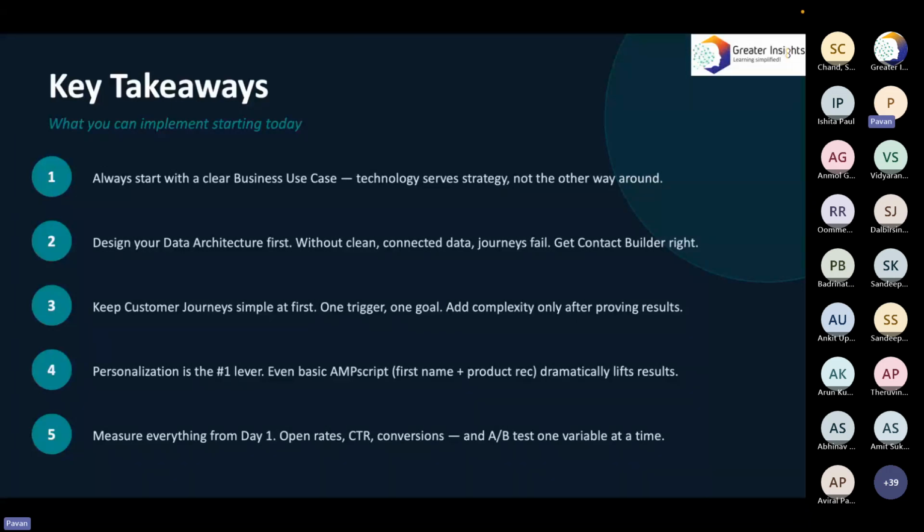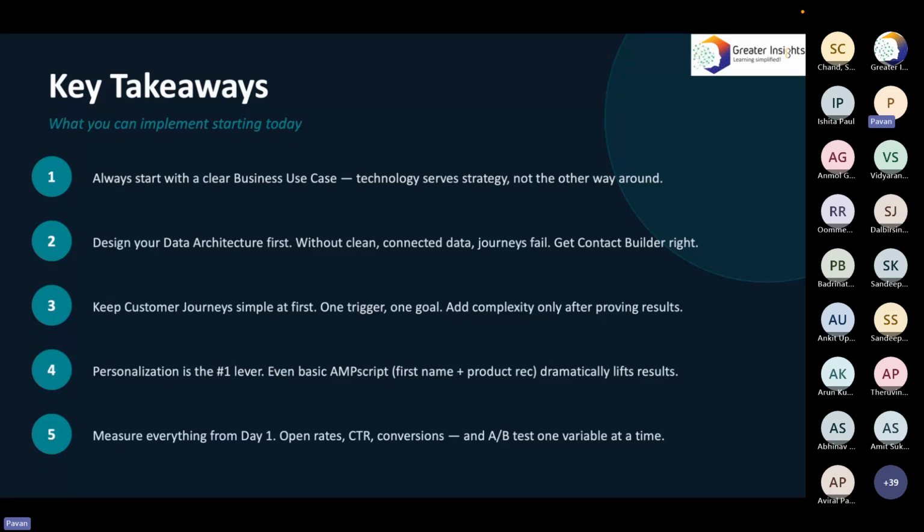How to have your Contact Builder set properly, and keep customer journeys simple at first: one trigger, one goal, and then maybe we can add complexities. Once you get a hang of it, you could play around with it and come up with ideas of your own.